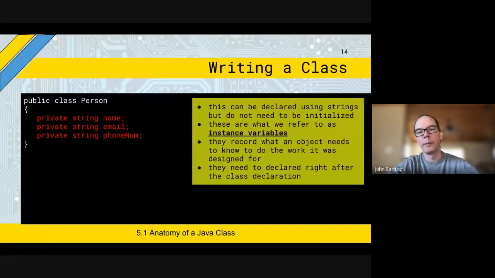So we called it public class because anybody can create a person object, but we called them private variables because we only want to change them. We don't want people just willy-nilly going in and changing the name and the email and the phone number. We want to do that within our class in a controlled way.